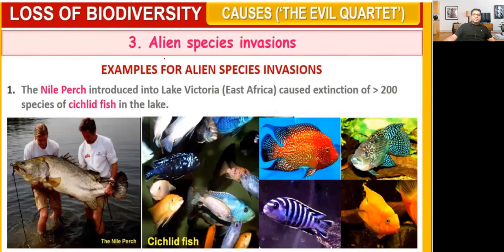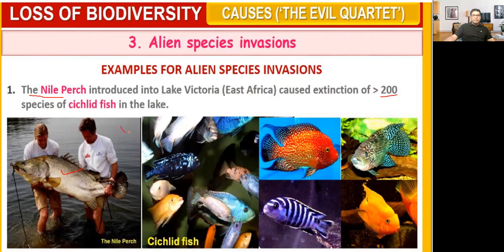Some examples of alien species invasion: the Nile perch, introduced into Lake Victoria, East Africa, caused extinction of more than 200 species of cichlid fish in the lake.